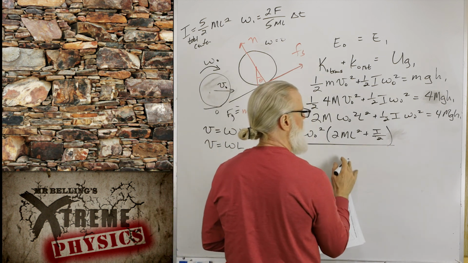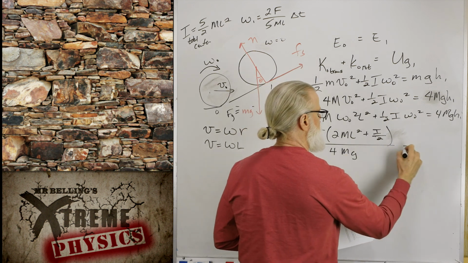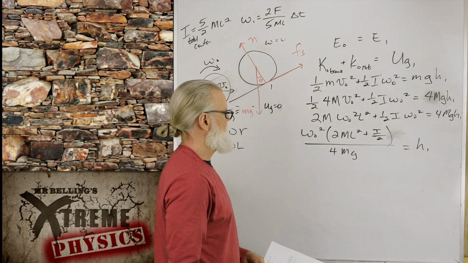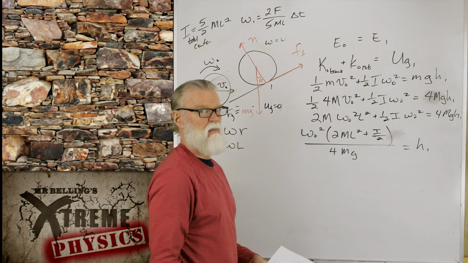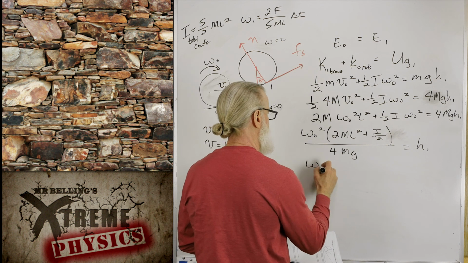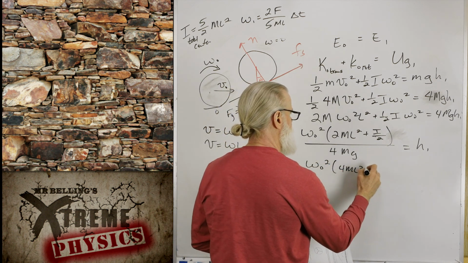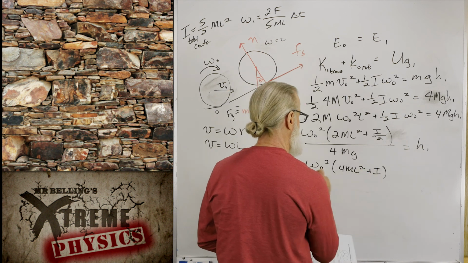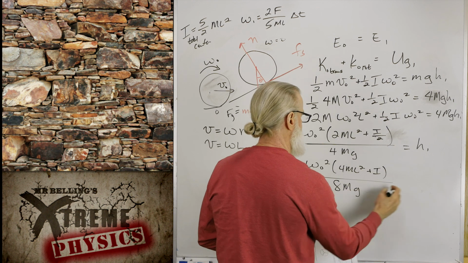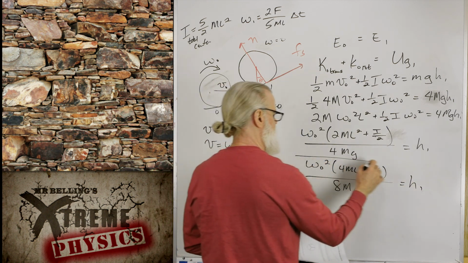All divided by 4Mg equals h1. That's kind of nasty. Let's simplify that a little bit. Let's multiply top and bottom by 2. Omega 0 squared times 4ML squared plus I all over 8Mg equals h1.